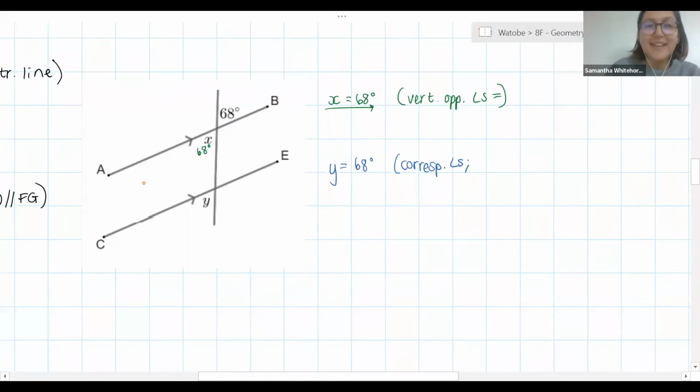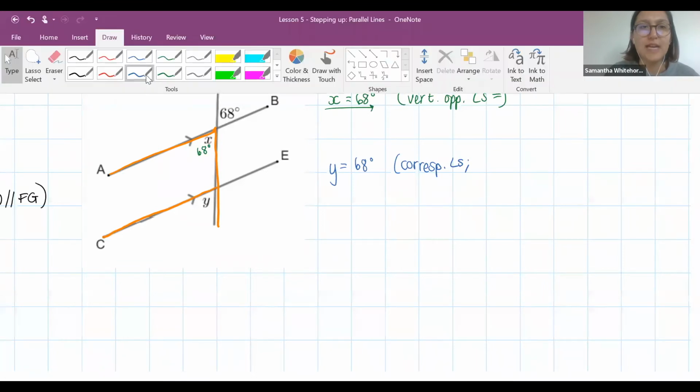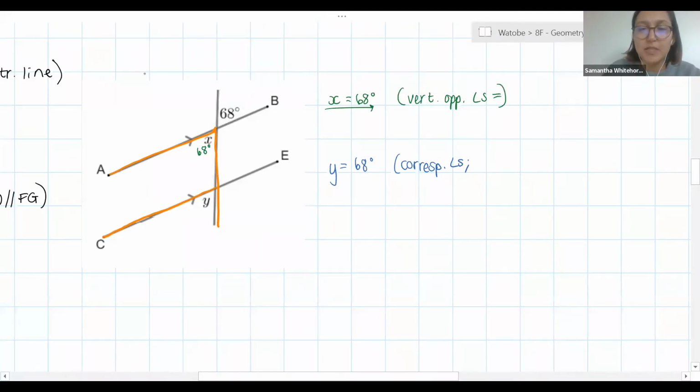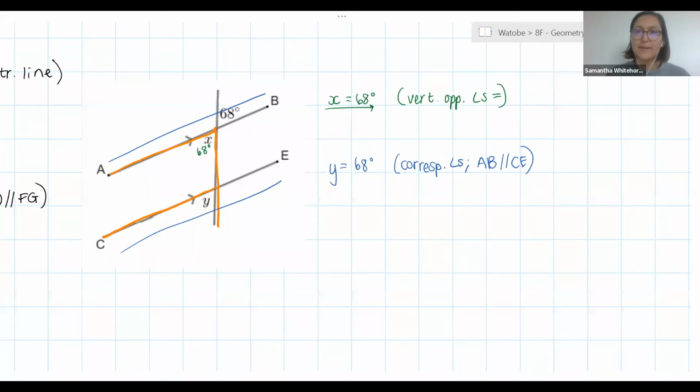Yes, ma'am. So what are the two parallel lines that you worked with to say that X and Y are corresponding? It was A and C. Okay, so just remember it's the lines like this. But I agree, we're on the right track there. So AB is parallel to CE. Well done, Alizwa. Thank you.